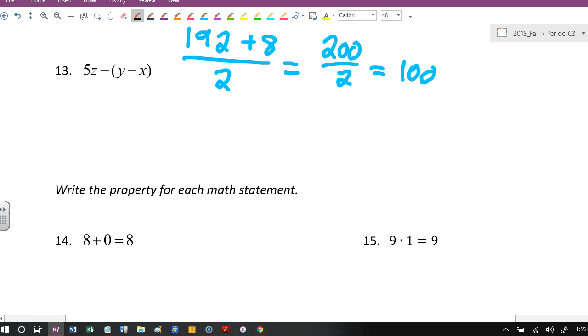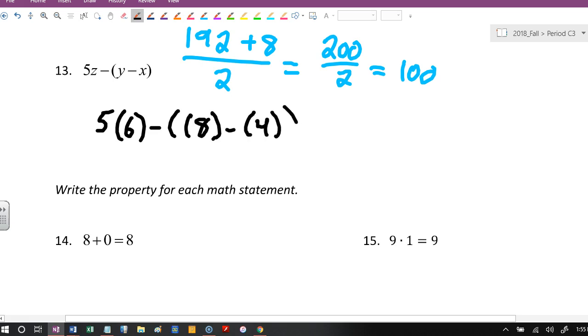So first I would convert the z, y, and x to its regular form, which would be 5 times 6 minus 8 minus 4. Minus parentheses 8 minus parentheses 4. Yes. Okay, you want to use parentheses when you're substituting.